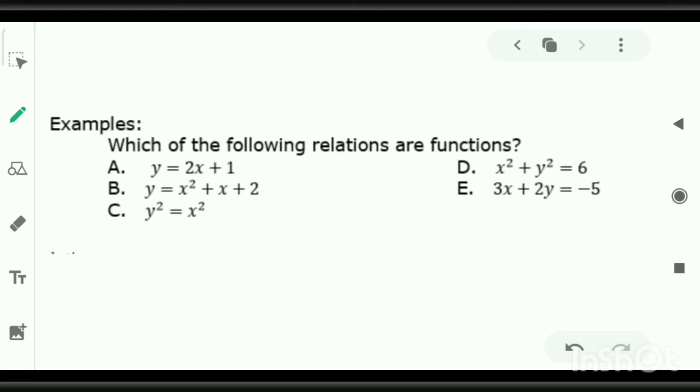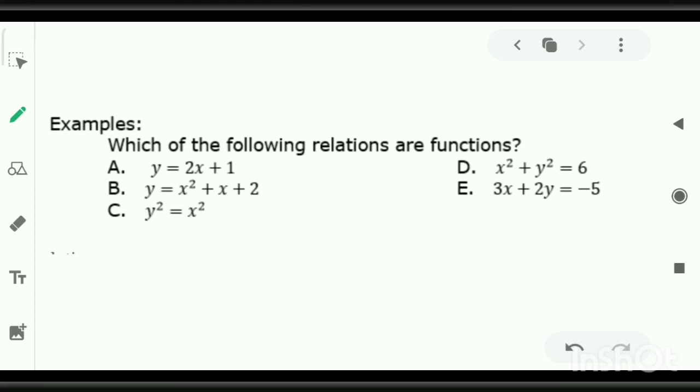Meanwhile, if y has an exponent which is even, that means 2, 4, 6, 8, 10, and so on, then usually it will give you a graph which is not a function.